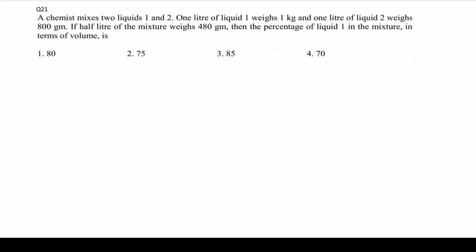Question 21. A chemist mixes two liquids 1 and 2. 1 liter of liquid 1 weighs 1 kg, that is 1000 gram. 1 liter of liquid 2 weighs 800 gram. If half liter of the mixture weighs 480 gram, so half liter means this is 500 gram, this is 400 gram.